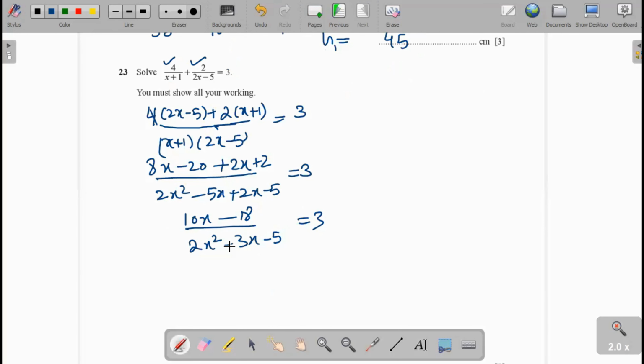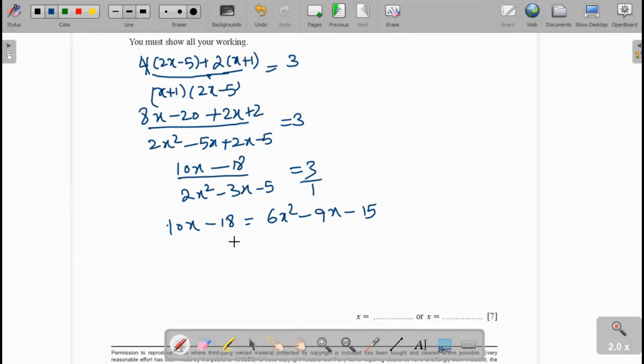Now we cross multiply this, that is 10x minus 18 will be equal to 2x squared, 2 3s are 6x squared minus 9x minus 15.